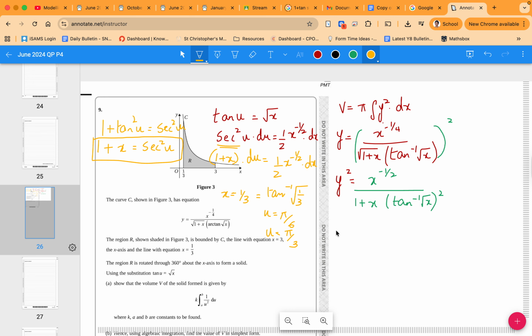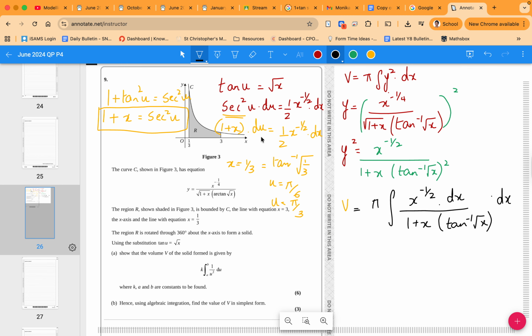So my volume equals pi, and I have my y squared here: x to the power of negative half dx over 1 plus x, tan inverse of root x squared. Now x to the power of negative half dx you can get from the earlier step, where x to the power of negative half dx is 2 times 1 plus x du.